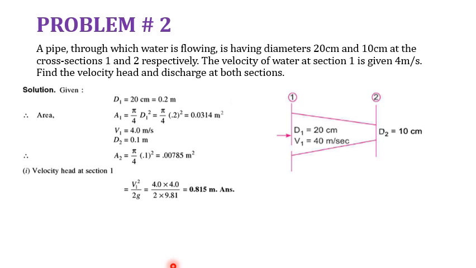So we can use the continuity equation, which is A1 V1 is equal to A2 V2. The diameter of both sections is known. We can compute the area by using the formula pi by 4 d square as written over here. And after computing these areas, you can determine the velocity.